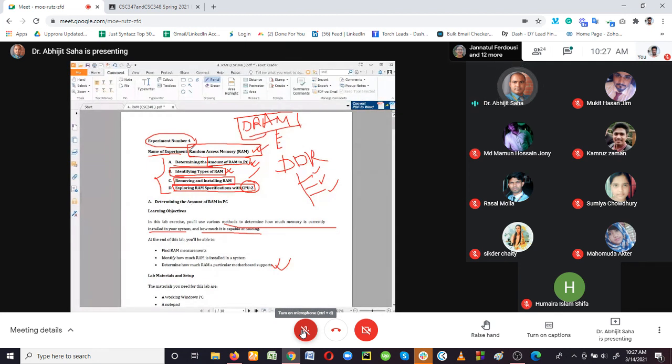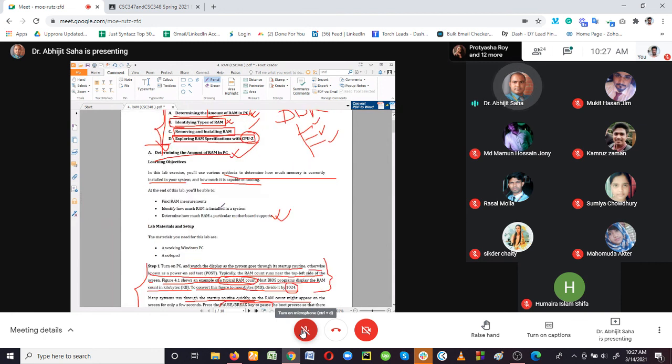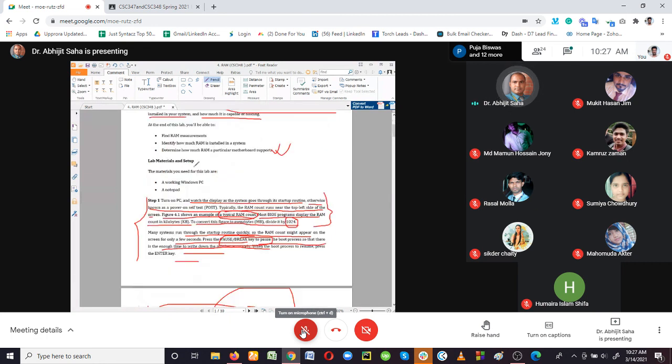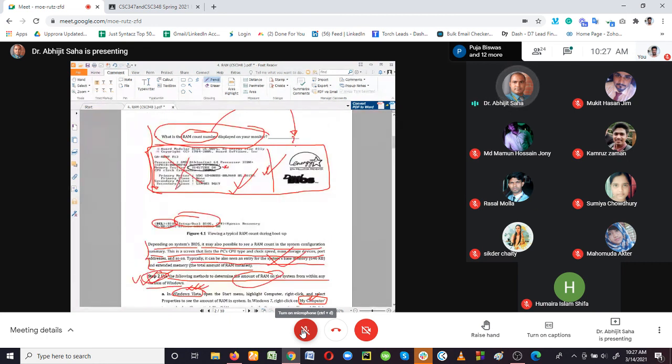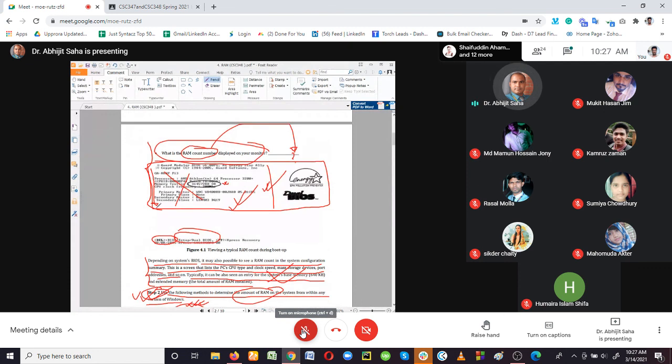You follow your assignments with the name of the experiment, and then you write down these 4 steps, and you determine the amount of RAM in your PC. What are the ways you can find out your amount of RAM? If it is not there in your PC, you can remove this, but you should follow the other procedures like this one.